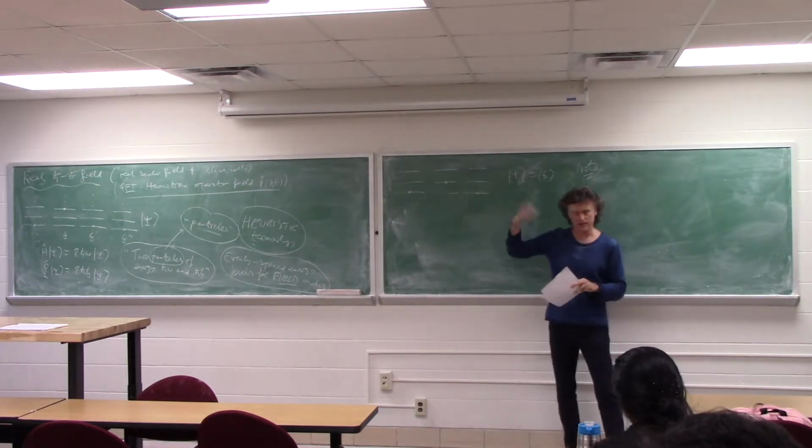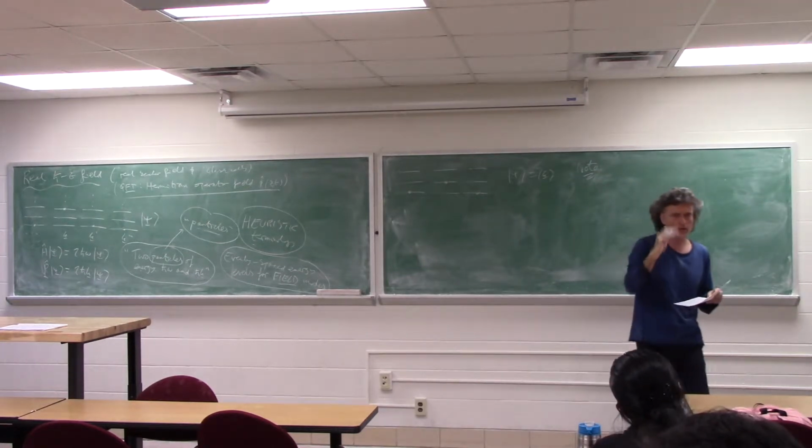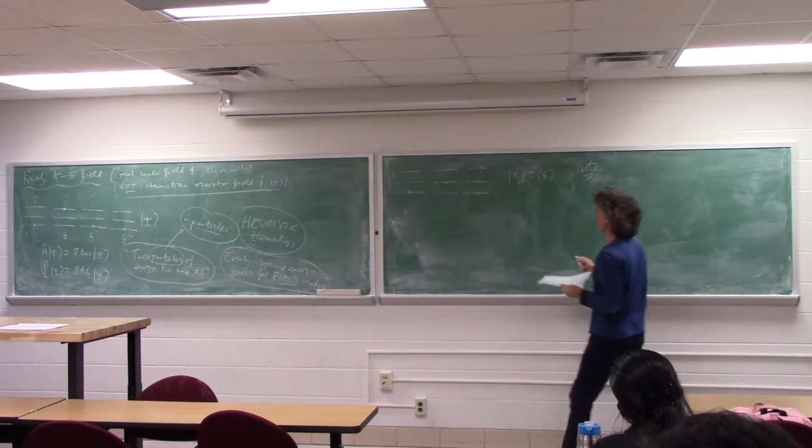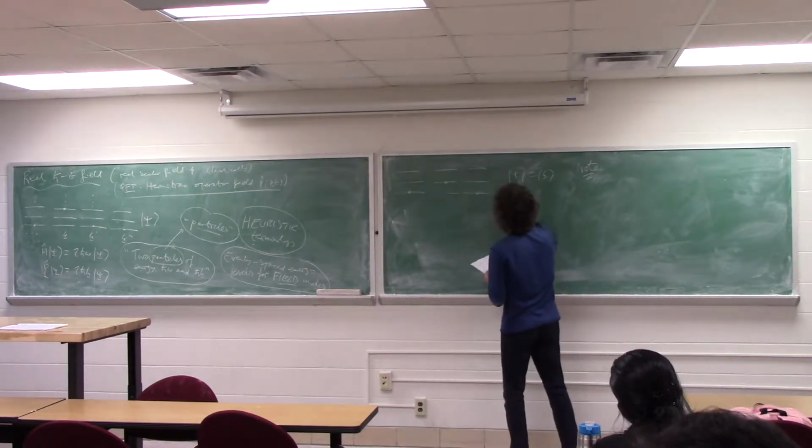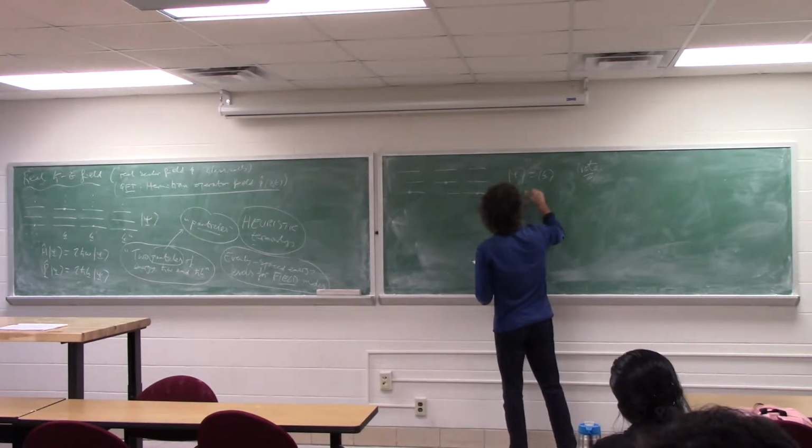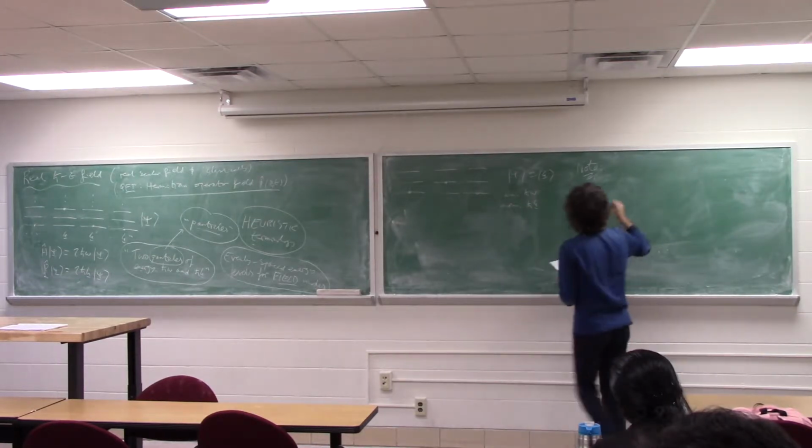I'm going back to the previous example. I had one mode in the first excitation, and I said this is a state with energy h bar omega and momentum h bar k.